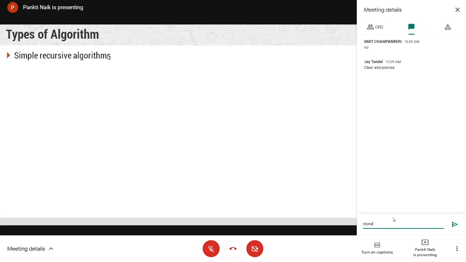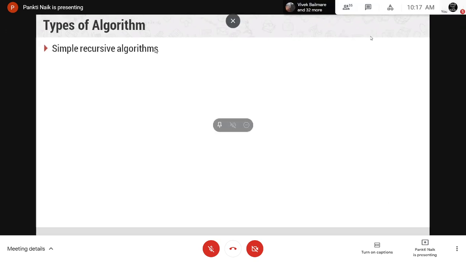Anybody knows what is recursion? Some function or some program calling itself, then it is known as recursion. So one type of algorithm is the simple recursive algorithm.